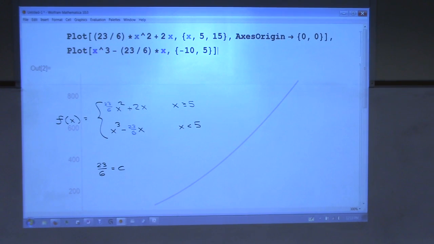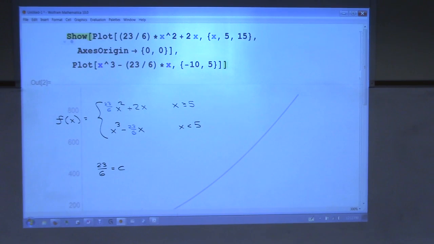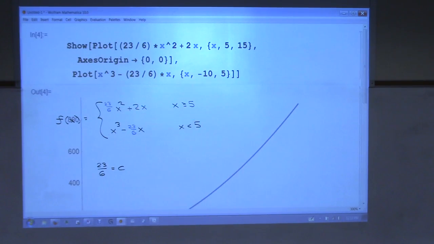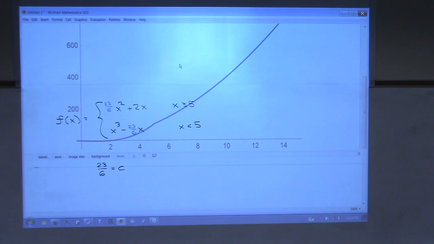Understand what I'm doing? With this program, if you're going to do two plots at the same time, you have to add another thing around it that says show, so it'll show them both at the same time. I forgot to put the x. There it is. Perfect. Can you see it?